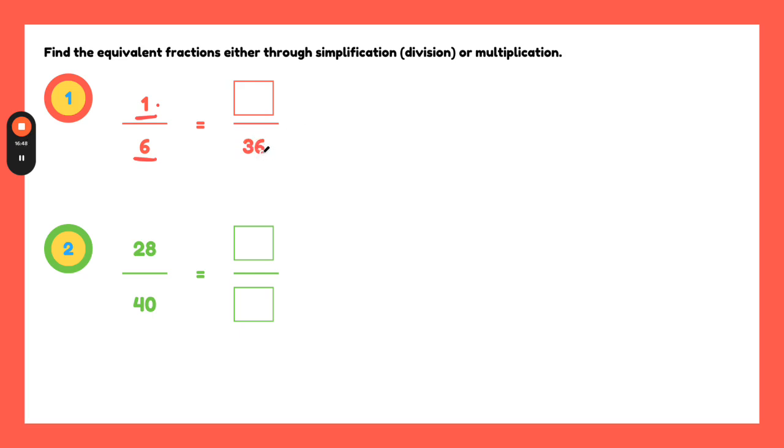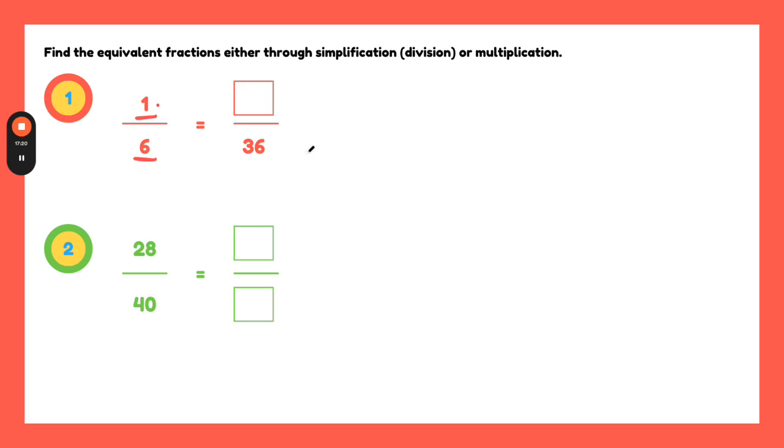Now, if you remember from the previous slides, what do we have to do when we are looking for an equivalent fraction in a case like this? We multiply. So we have to ask ourselves, how do we get from 6 to 36, either by multiplying or dividing?